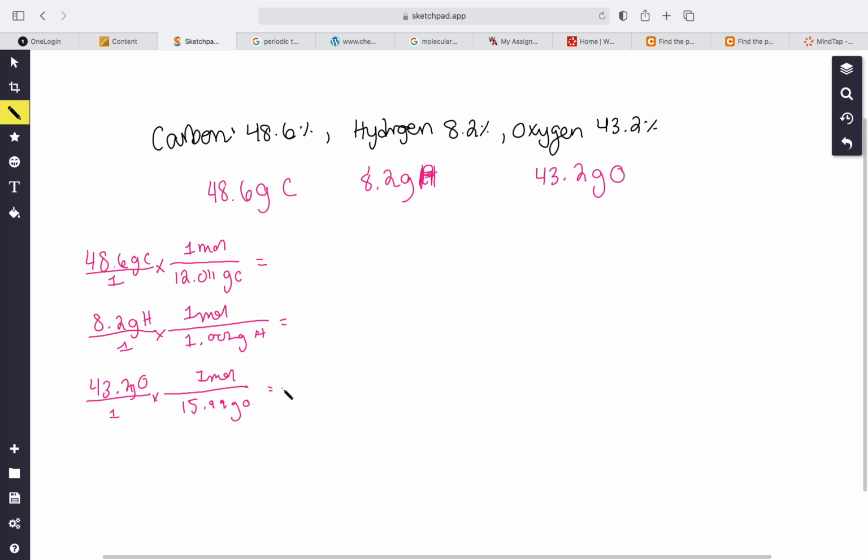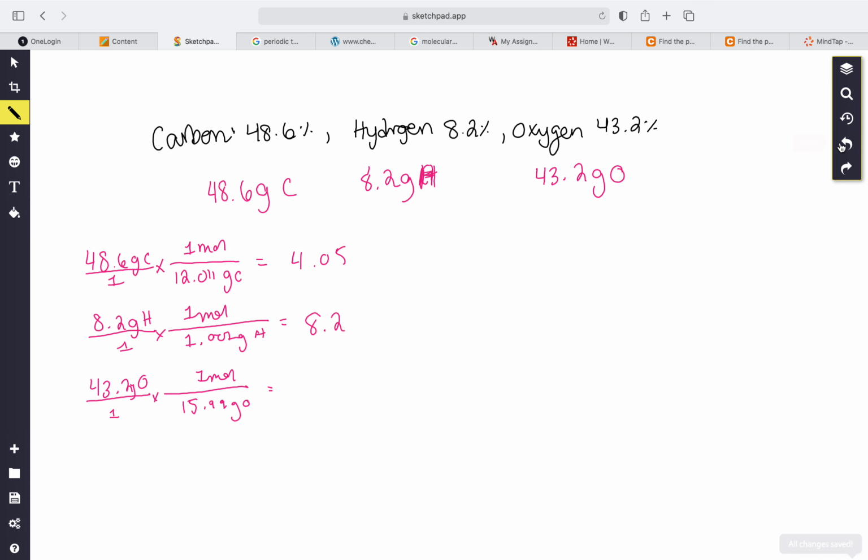All right, so now let's put that into our calculators. We get 48.6 divided by 12.011, which is 4.05, and then 8.2 divided by 1 is just 8.2. That's not grams, that's moles.